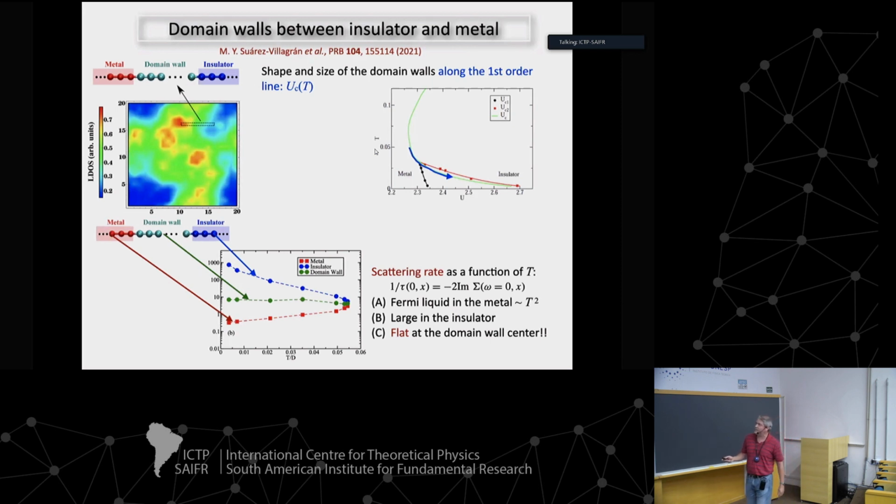And what you see over here, of course, you expect that in the metal, it should go down in the Fermi liquid-like behavior, like T squared. It blows up exponentially in the insulator. And at the center of the domain wall, it doesn't know where to go. It stays roughly in the middle, okay?